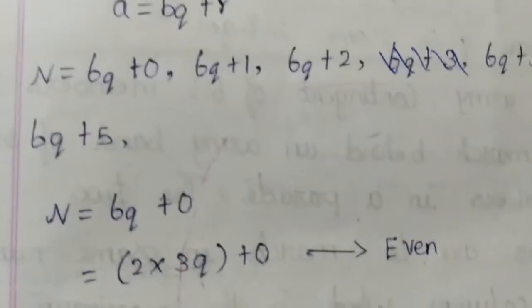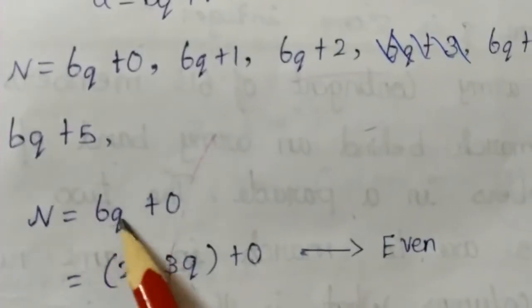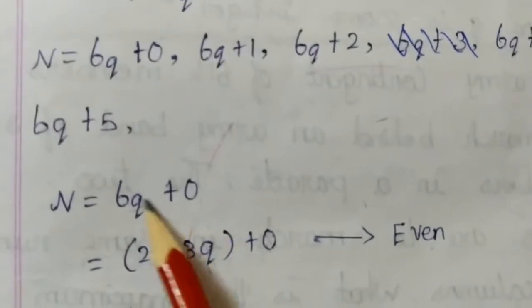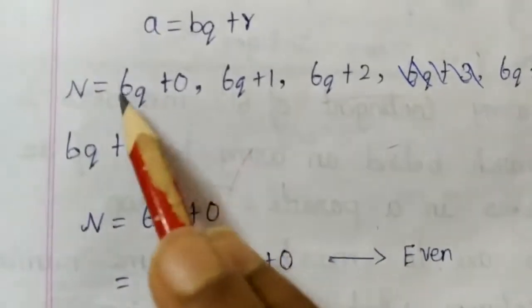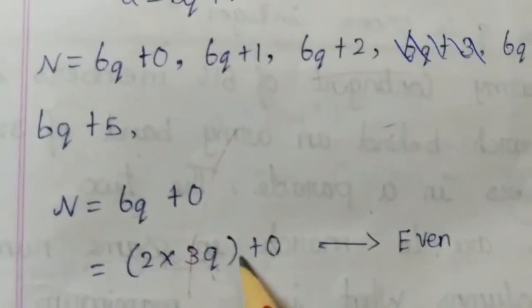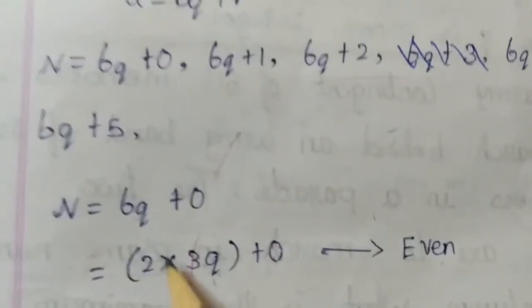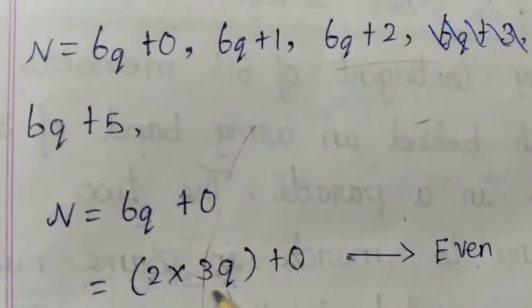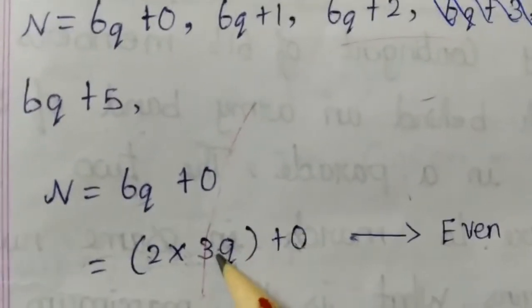So see here, I'm dividing this 6 into 2 3s. 2 3s are 6, and q plus 0 is the first number, because the first number is 6q plus 0. Okay, see, q is some integer. While you are multiplying, you can get an odd number or an even number.